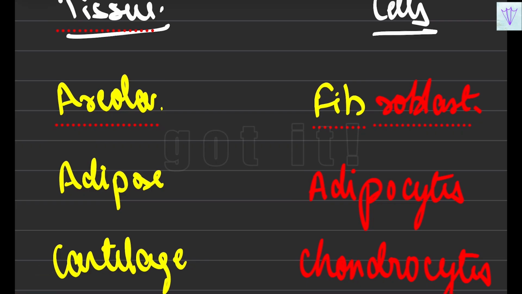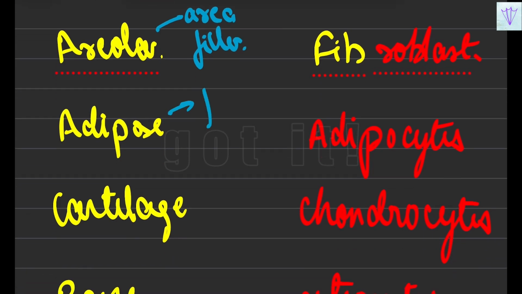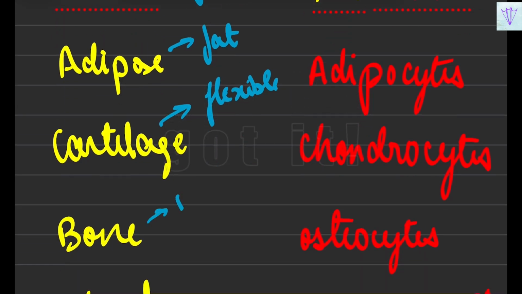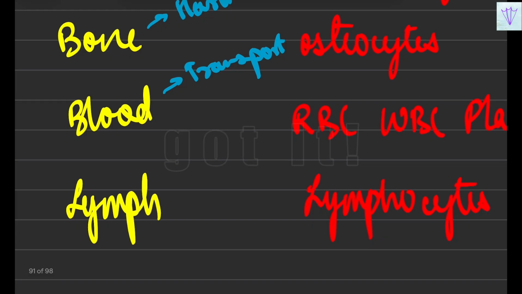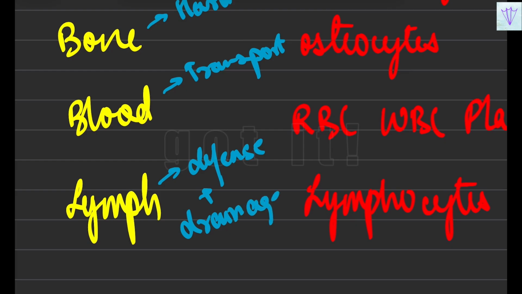We have seen that areolar acts as an area filler, it fills up spaces, and adipose acts as a fat storehouse, and the cartilage will be like a flexible support, and the bone is the hard support, and blood is the transport system, and the lymph will act as the defense and the drainage system.